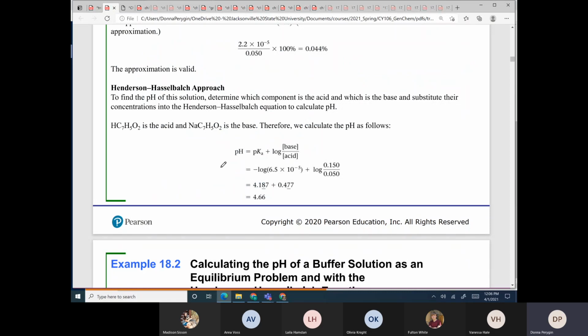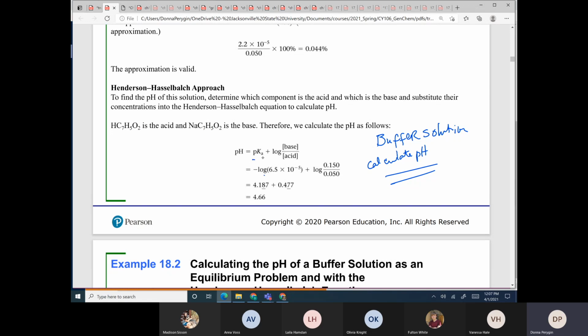So if you've got a buffer, this is for a buffer solution. I'm going to write this down so you'll understand when to use this. We can calculate the pH of a buffer solution with the Henderson-Hasselbalch equation. That's great. So what you have to do is say the pH is equal to the pKa.